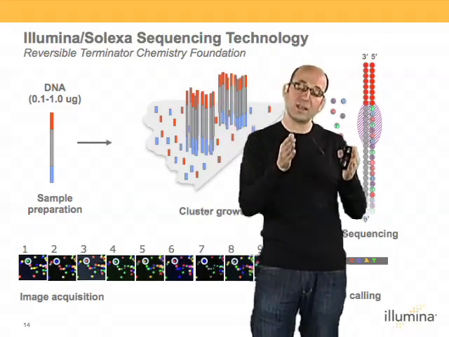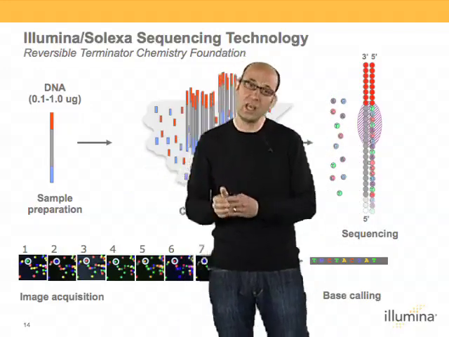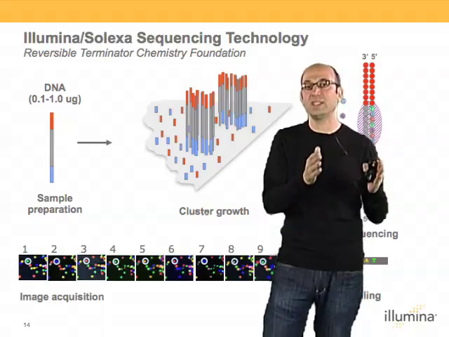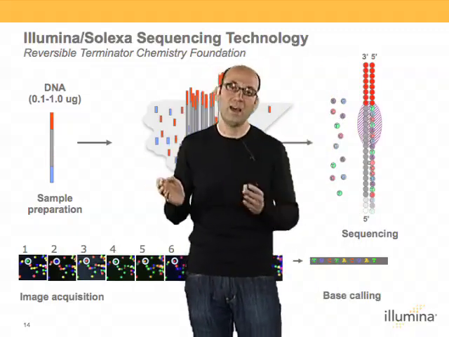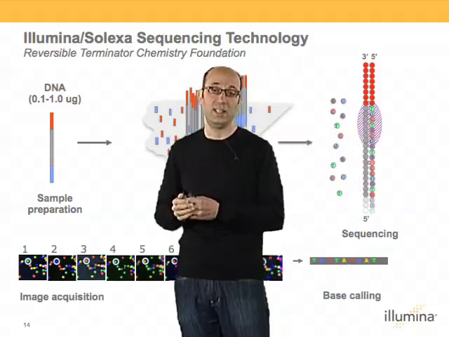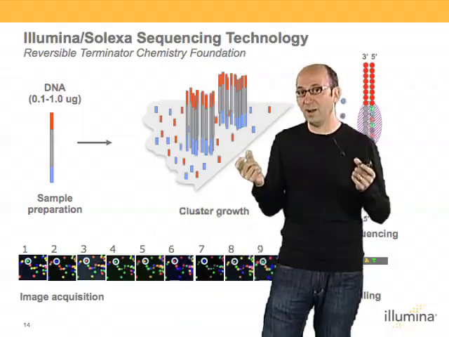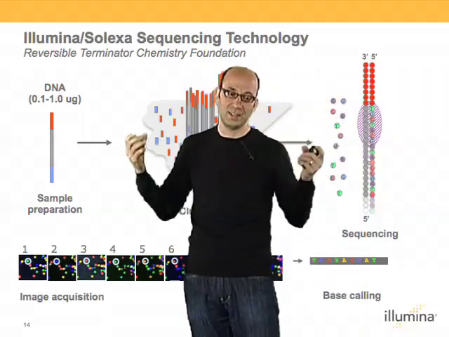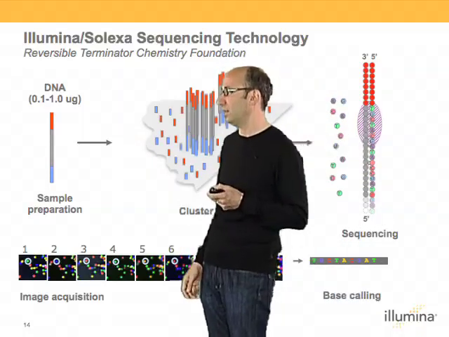And by following the color of these 100 million different spots through each polymerization cycle, you're in parallel sequencing 100 million different pieces of DNA. It was as if you had 100 million of those boxes in a room working all at once. And as I'll show you, this slide is really quite small, representing an enormous increase in the speed and efficiency with which sequencing can occur.